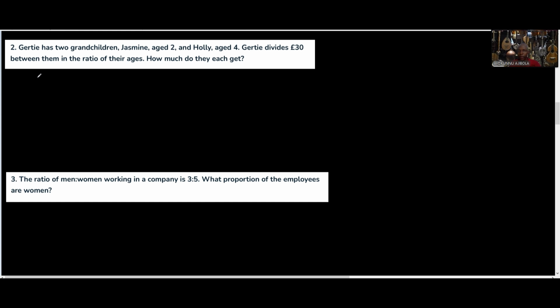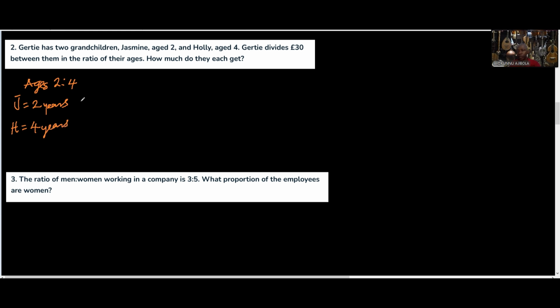So if it's in the ratio of their ages, we have ages 2 to 4. One person, Jasmine, is 2 years, and Holly is 4 years.